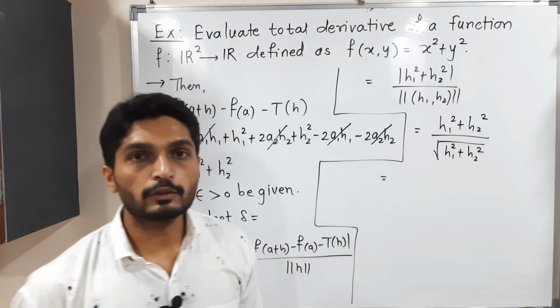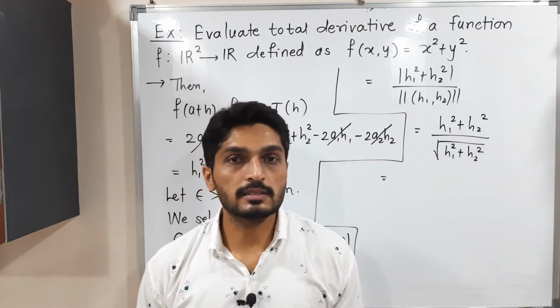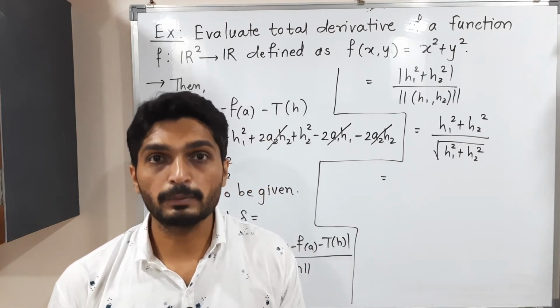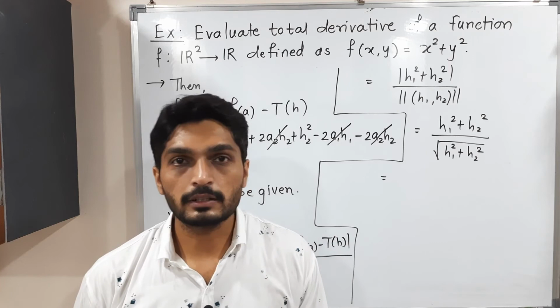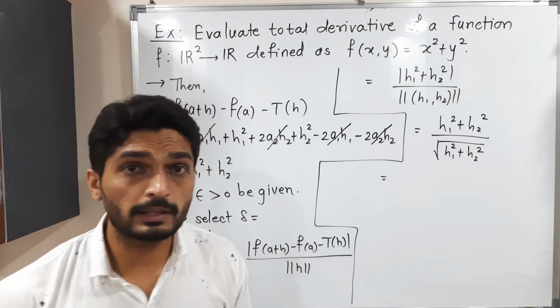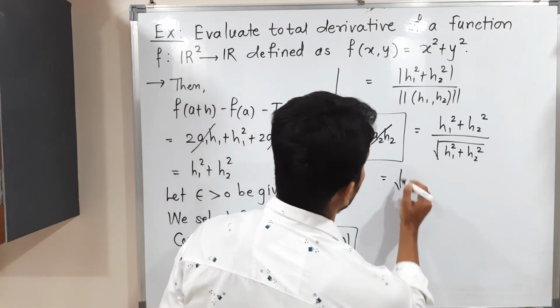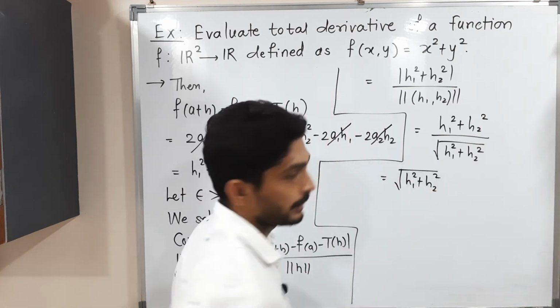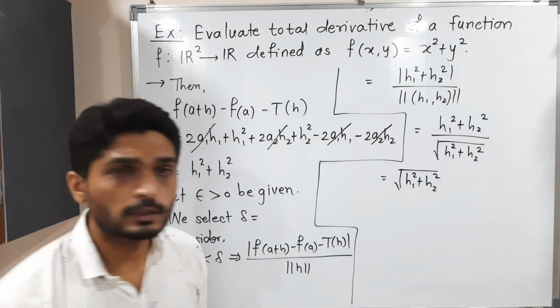See, numerator and denominator have the same terms, just the powers are different. That means in the denominator we have a square root, in the numerator there is no square root. So the square root will get cancelled, and simply we will have square root of h1 square plus h2 square. This is nothing but the definition of norm.